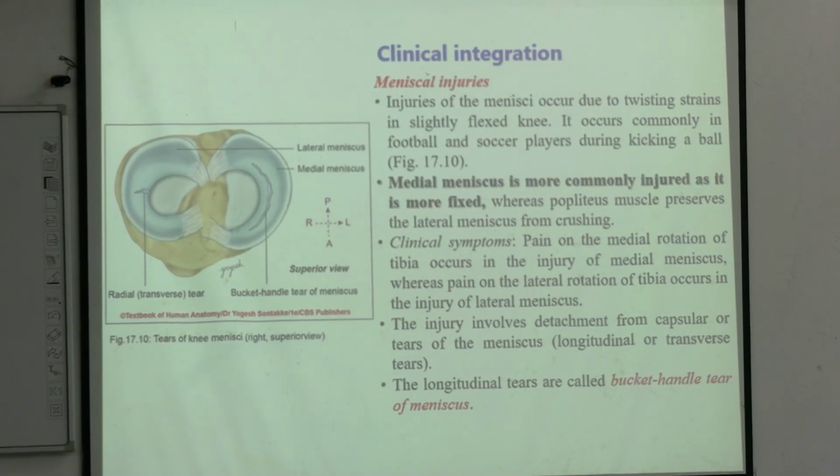Remember that we said the medial collateral ligament is anchored to the medial outer side of the medial meniscus. As a result, if the medial collateral ligament is damaged, the medial meniscus is also going to be damaged. So, medial collateral ligament damage is very common, and so is medial meniscus damage, because they are together, they are inseparable.